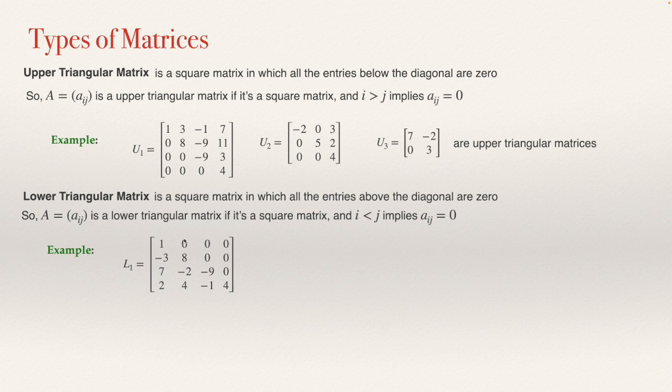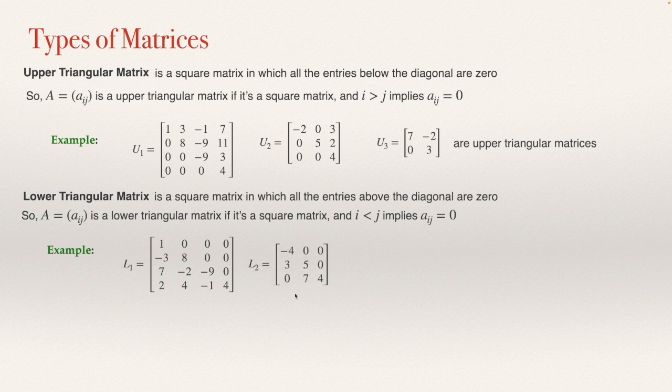And whatever entry in which the number of the row is lower than the number of the column will be 0. A better explanation for human beings would be saying that every element above the main diagonal is 0. This is an example of a lower triangular matrix, a 4x4 lower triangular matrix.